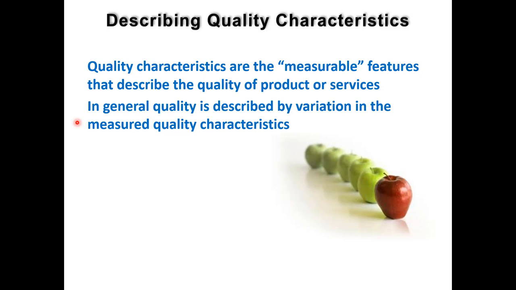So if you were to monitor the quality of your product, you should be able to identify what the quality characteristics are, and you must ensure you are able to measure this characteristic. So quality characteristics should be the measurable features of the product or services.